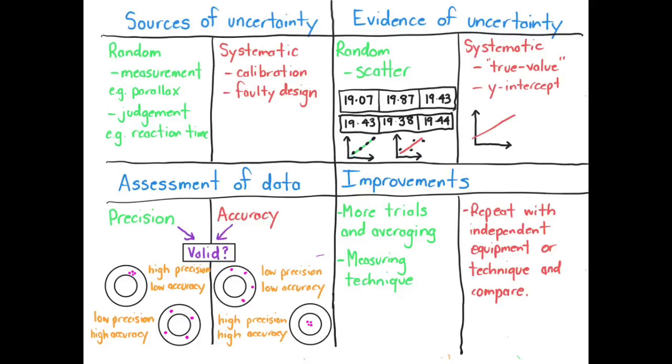I guess the other thing which I didn't mention here, which I should mention and I will add straight away, is the other thing that we can do to improve our experiment and minimise the effect of systematic error is to calibrate our equipment.